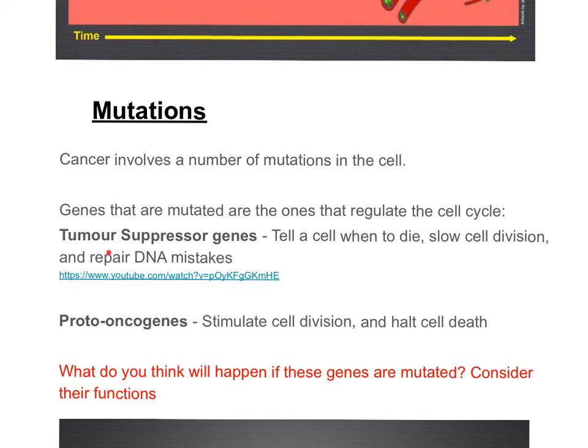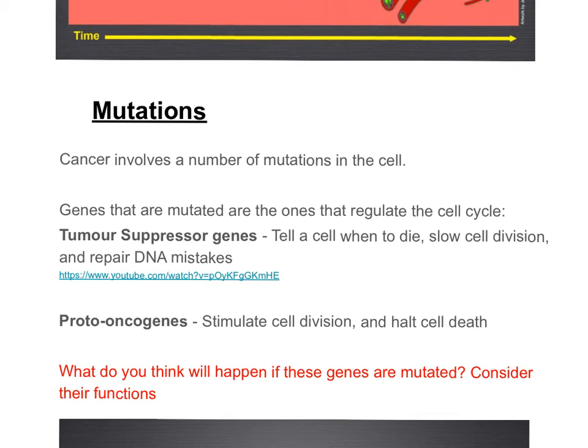There's tumor suppressor genes, and there's a number of genes involved in this process, and we also have proto-oncogenes. Tumor suppressor genes collectively tell a cell when to die, slow cell division, and repair any mistakes in DNA.